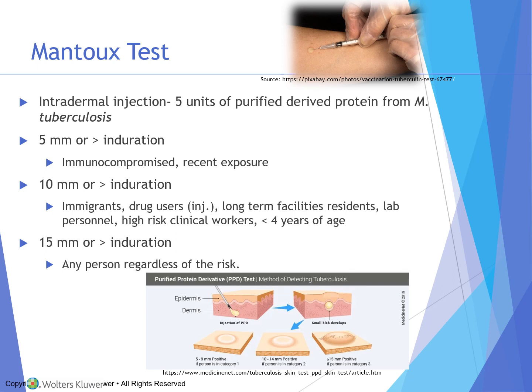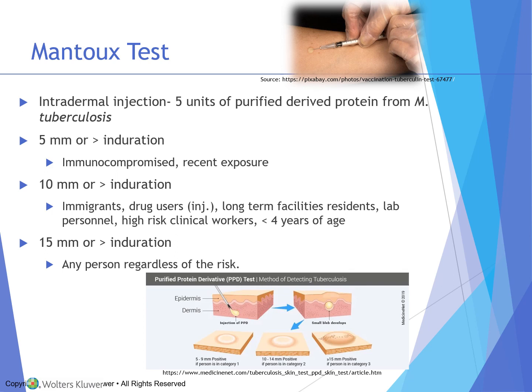Okay, so now let me touch base a little bit on the Mantoux test. This is mainly an intradermal injection of 5 units of purified protein derivative from M. tuberculosis. The way we read it is by the induration, as shown in the bottom picture, which gives you the 3 stages of induration.